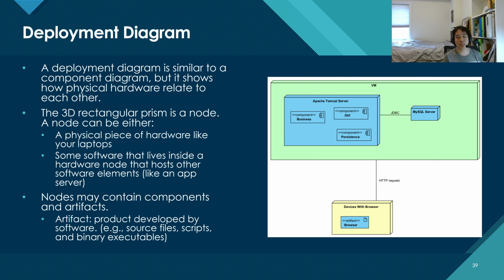So a VM basically is like a machine in the cloud that allows you to install stuff on it. That's one way you can deploy your app. You may also use dedicated servers too. Yeah, good question, Vishnu.